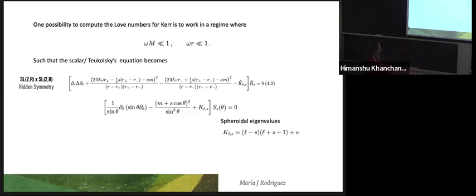So we used that one again in here, and tried to answer the question again: can we solve this equation and compute the love numbers from it, and see what we get when we go to the low frequency regime.